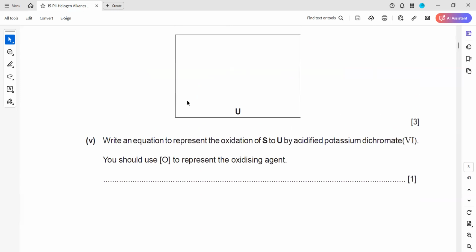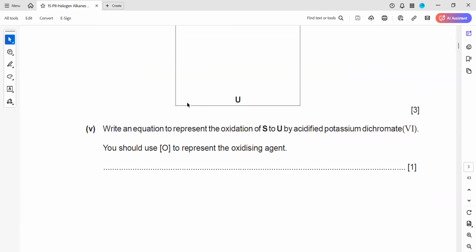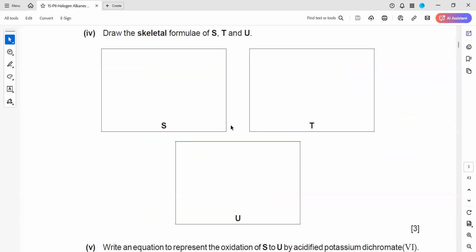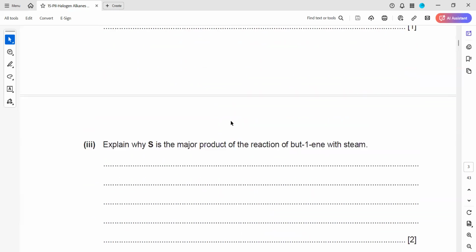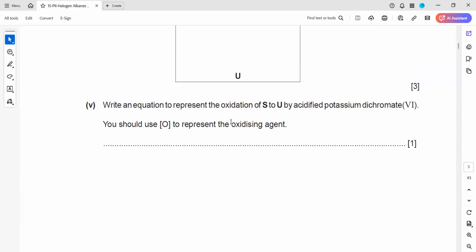Write an equation to represent the oxidation of S to U by acidified dichromate. Whenever you do this, use the symbol [O] to represent the oxidizing agent. S is butan-2-ol, which has 4 carbons, so C4H9OH will be there.